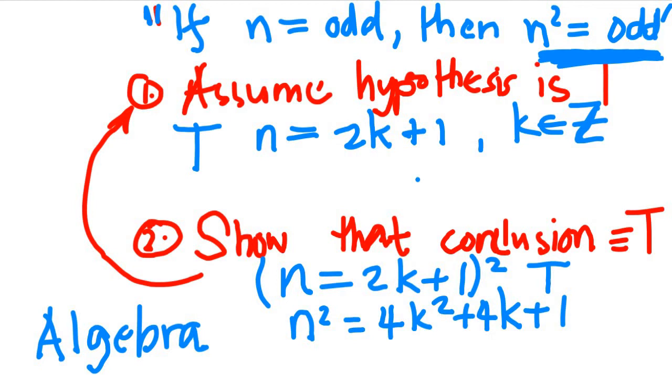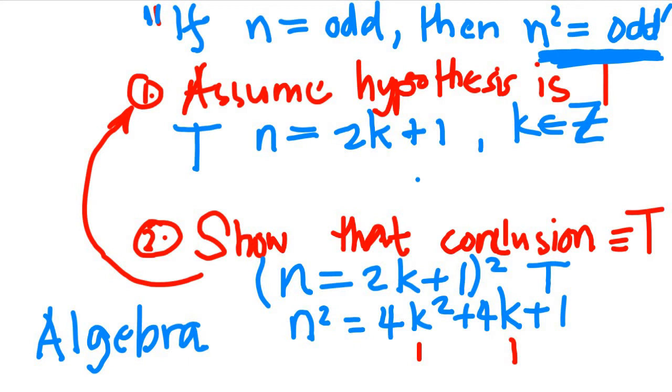Basically, it's wrong to assume that if we substitute a particular value, then we are going to prove this theorem. For example, if I substitute 1 for k, then this will be 4 plus 4 plus 1 equals 9, and that is an odd integer.